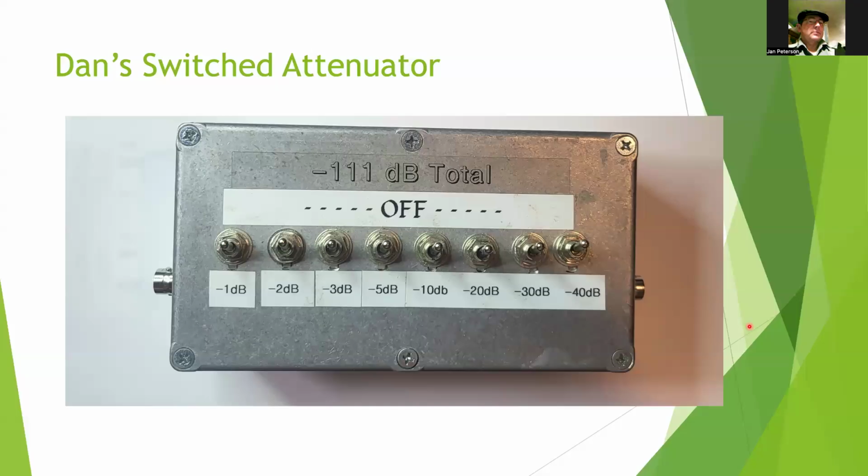Remember, we said we could either increase it with gain or we can reduce it. And attenuators are all about reducing, right? So if I wanted to have, say, 7 dB of reduction, I could turn on the 5 and the 2, and now I've got 7 dB because you add those numbers together, okay?